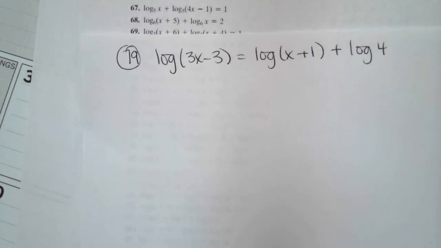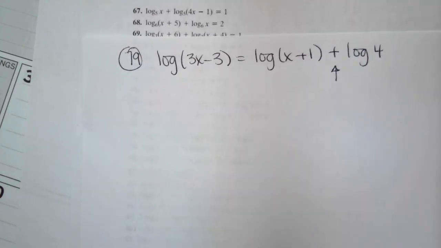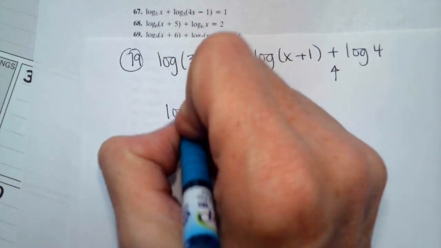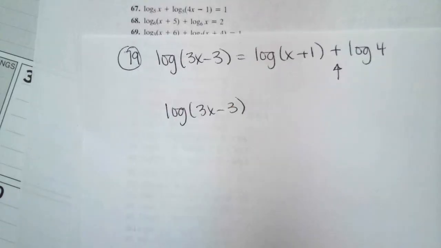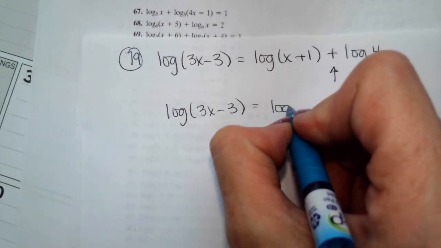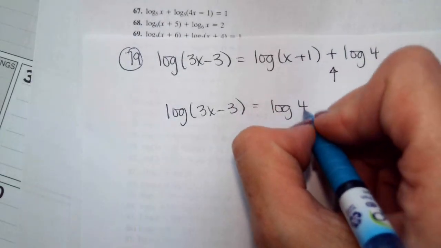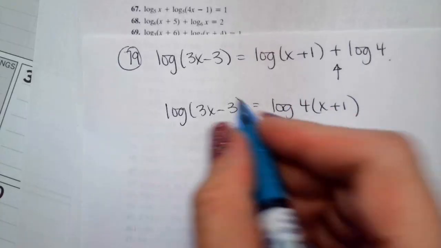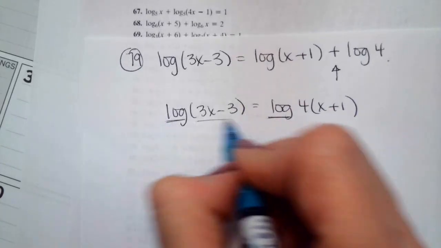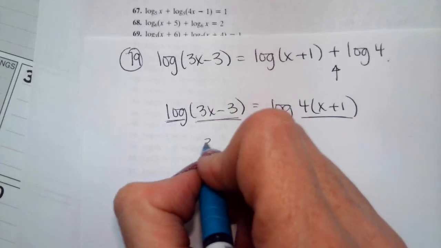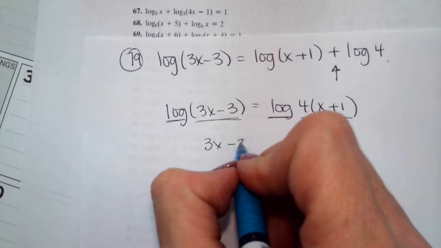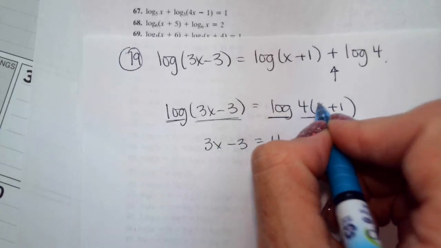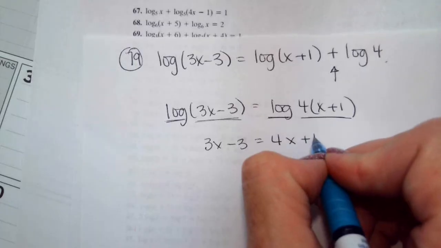Okay, so I am going to use the product property. So then I have log of 3x minus 3 equals log of 4 times the expression x plus 1. These are the same, so that means these expressions are equal. So I have 3x minus 3 equals 4x plus 4.